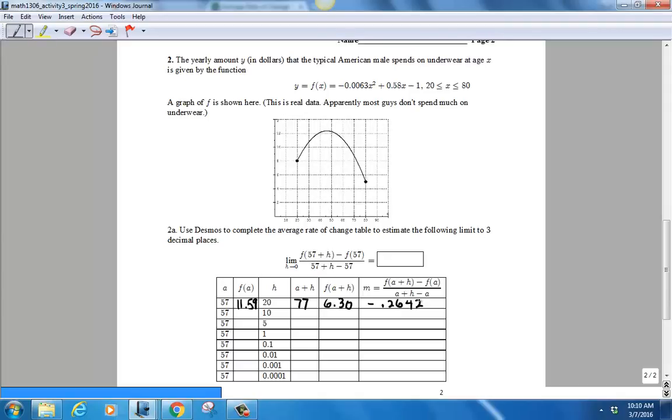And then what we're going to do is let the increment be progressively smaller, so we'll be drawing secant lines that look more and more like the tangent line, until ultimately you really won't be able to tell the difference between the secant line and the tangent line. Then we'll be able to use that to project what the correct slope of the tangent line must be, and that's the instantaneous rate of change that we're looking for here.